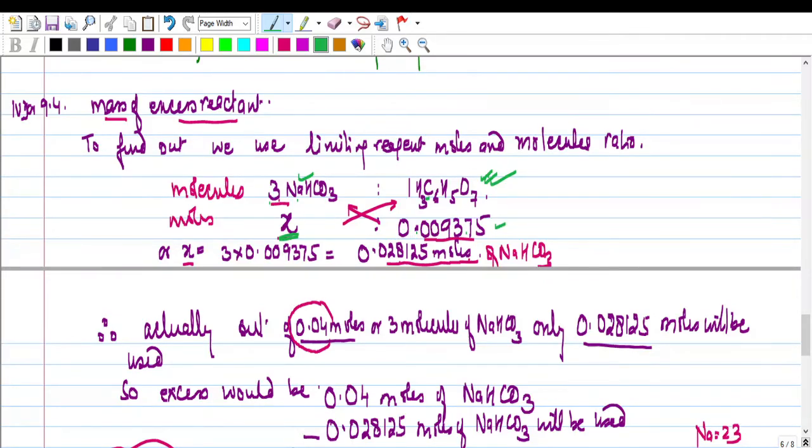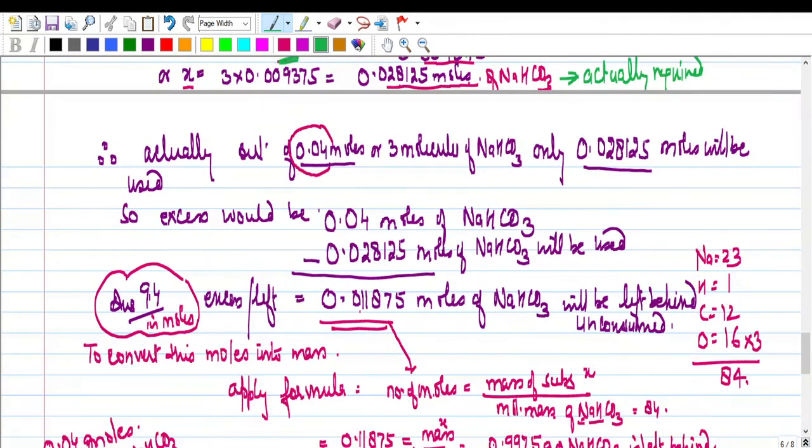So this is going to combine with 3 parts of sodium bicarbonate, and the answer will be, cross multiply, x will be 3 into 0.009375, which will come out as 0.28125 moles. So this much will be actually required. And how much we have? We have 0.04. So this is required, so we'll have extra. How much is extra? So we subtract.